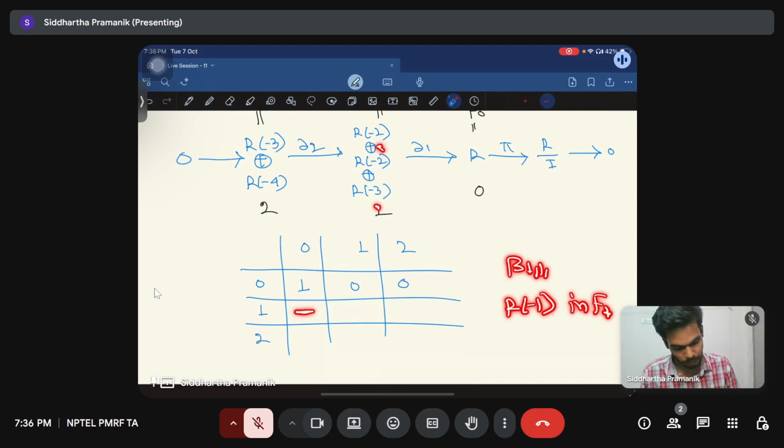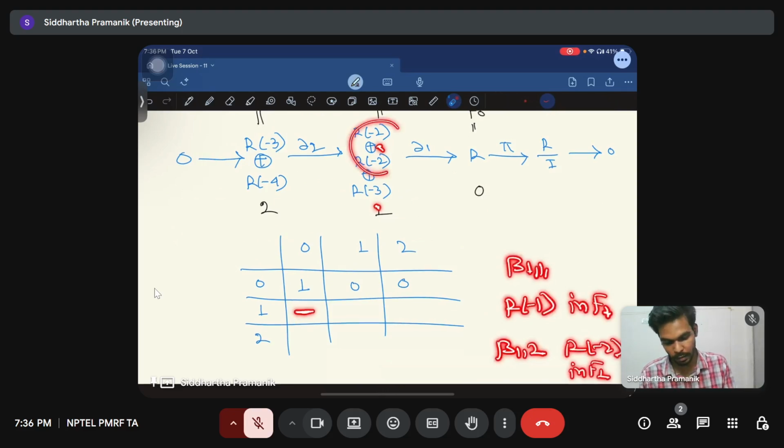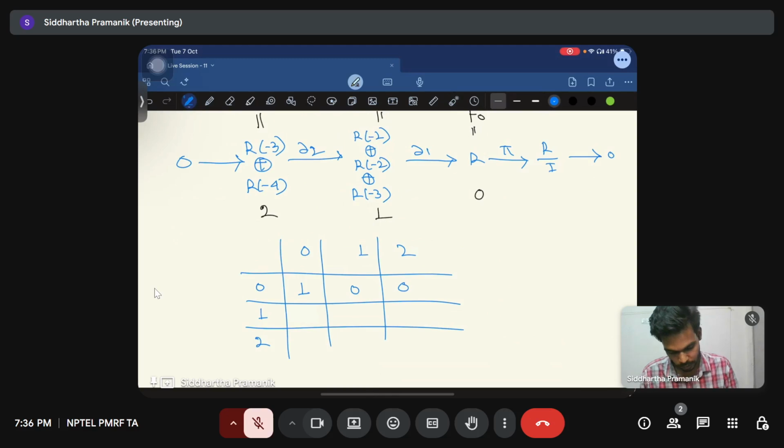But beta 1 comma 2, which is the number of copies of R minus 2 in F1. We have 2 here, so it will be 2. So it is 0 and it is 2. Similarly, one can check the number of copies of R minus 3 is 1, so it is 1. Similarly, it will be 0, 1 and 1. So this will be the only Betti table.